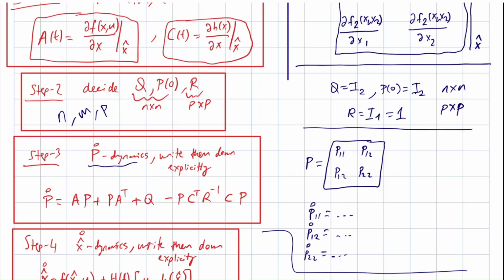So at this point, we are also going to talk about the structure of P matrix. P is a matrix, right? And of course, I dropped the T. For example, I could have written A of T times P of T, capital P, by the way. But Q is constant, and R is also constant.